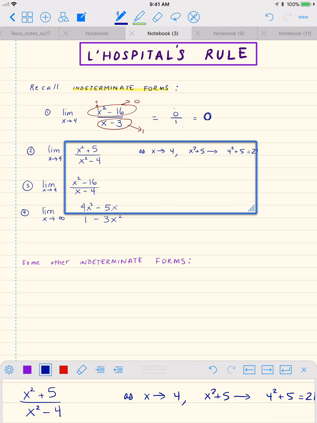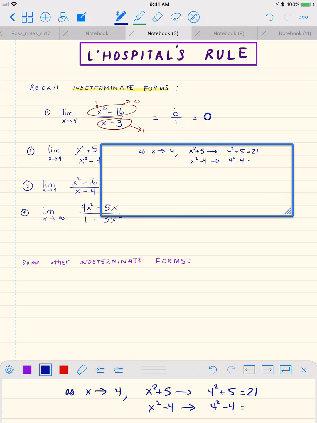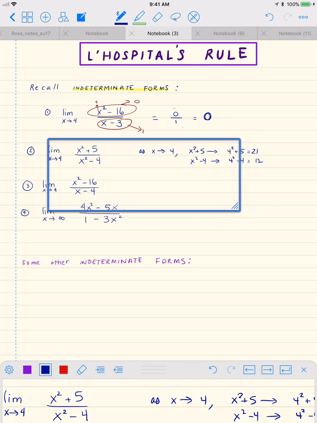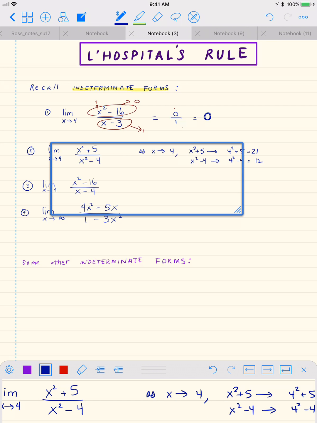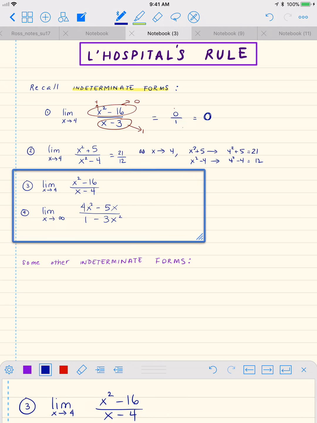And the denominator, x squared minus 4, is going to approach 4 squared minus 4, which will be 12. So this limit is equal to 21 over 12. Now what about our third one here?